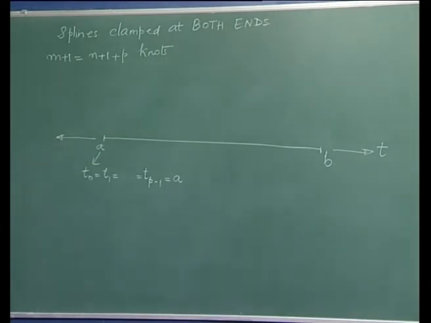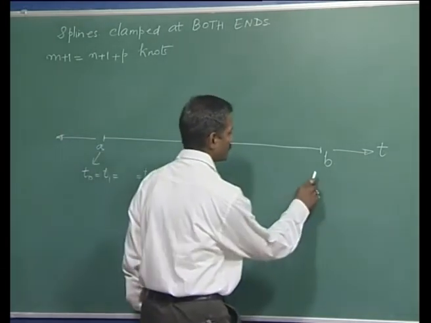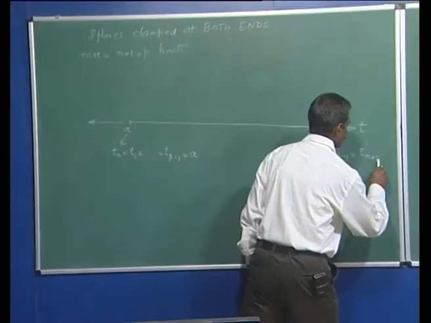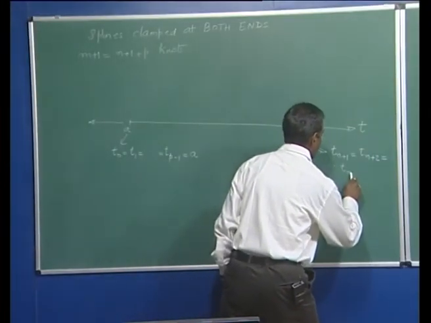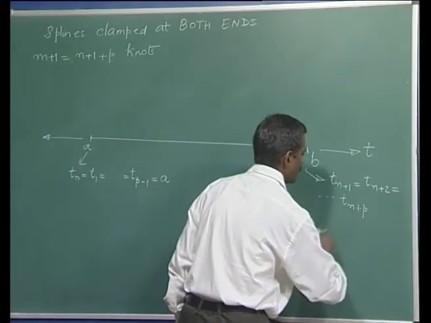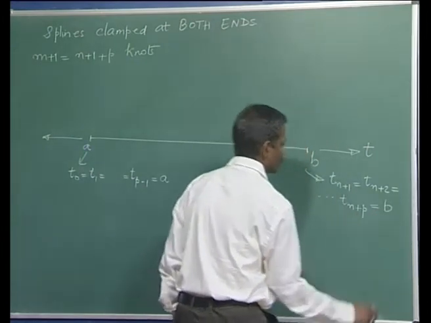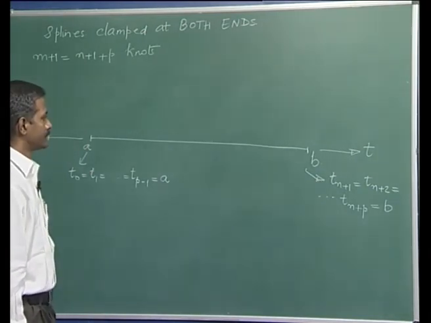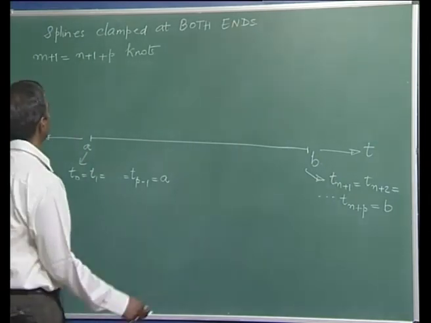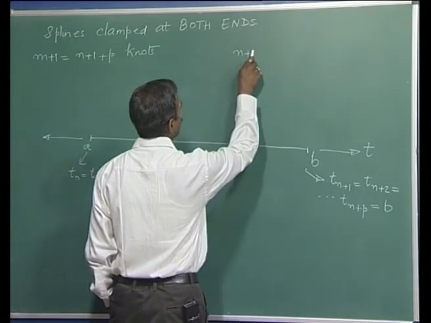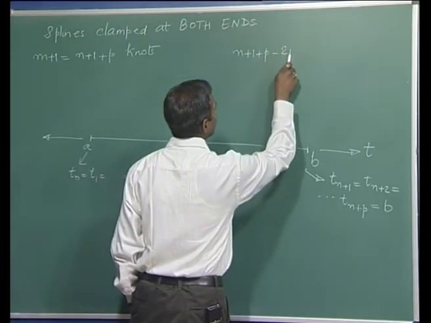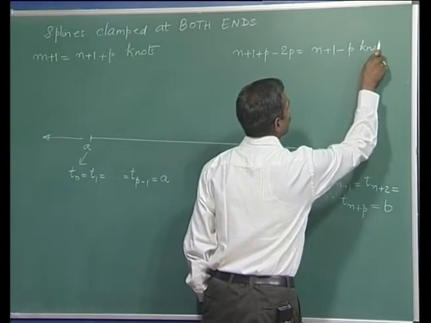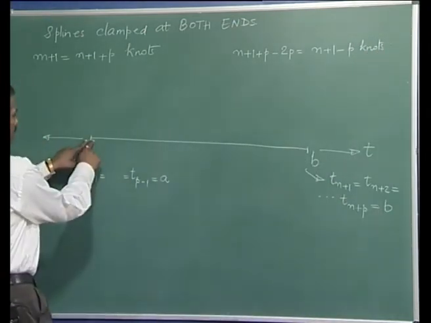They are all equal to the value A, and Tn plus 1 equals Tn plus 2 equals up to Tn plus P. They are all equal to the value B. What remains is n plus 1 plus p minus 2p, which is n plus 1 minus p knots that we need to determine within this interval.